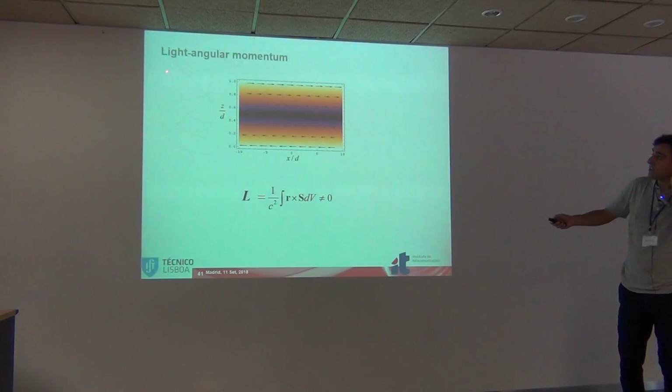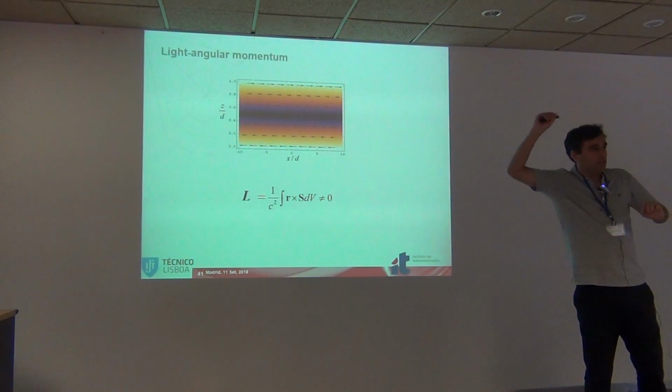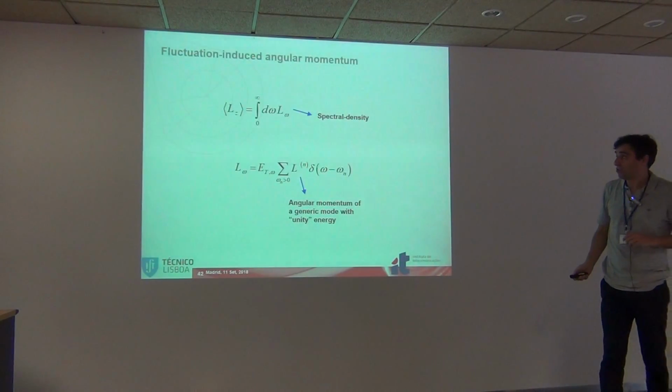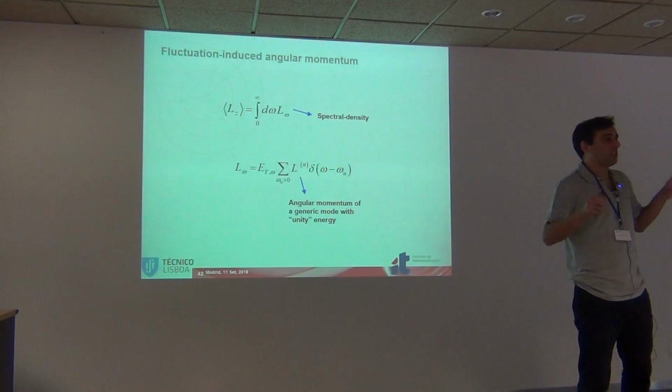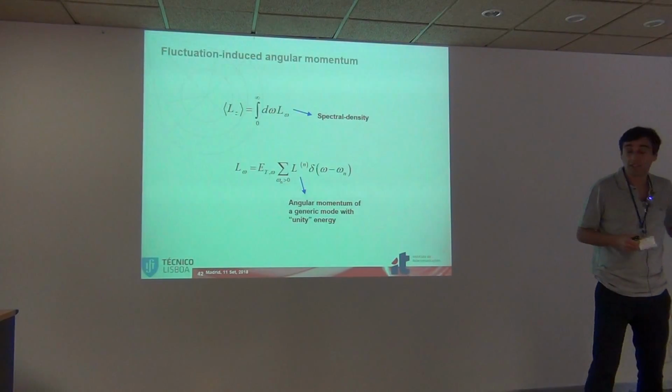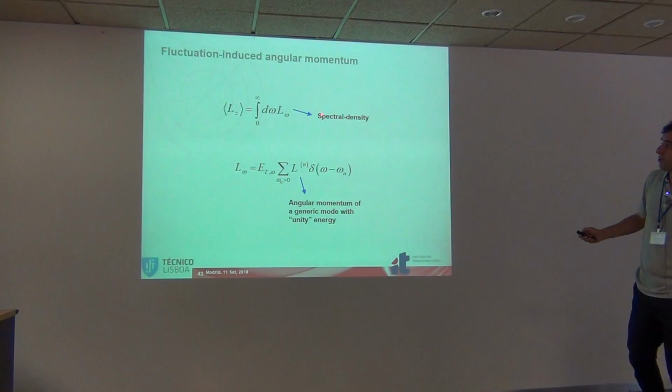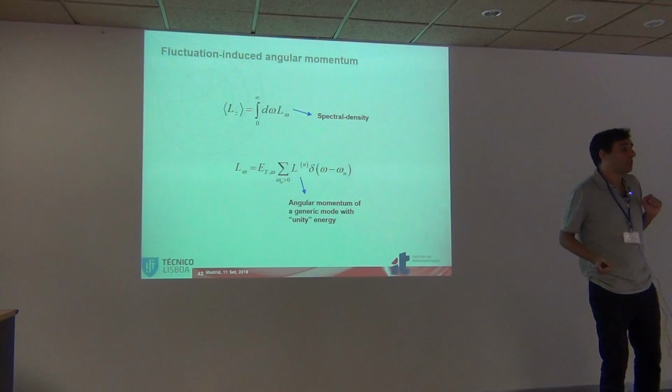And of course, since the heat current is going in closed orbits, there should be an angular momentum, and it should exist even in the limit of zero temperature. In that case, it's from the quantum fluctuations, the zero-point quantum fluctuations. And if you want to characterize the angular momentum, basically we do the same.